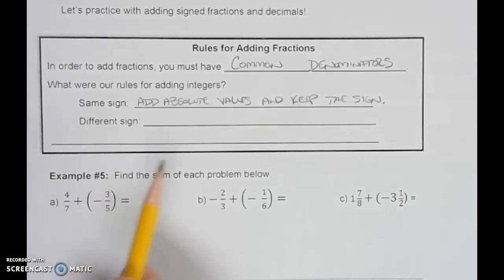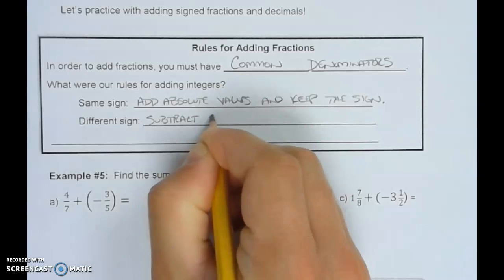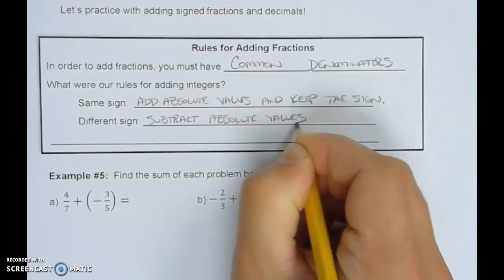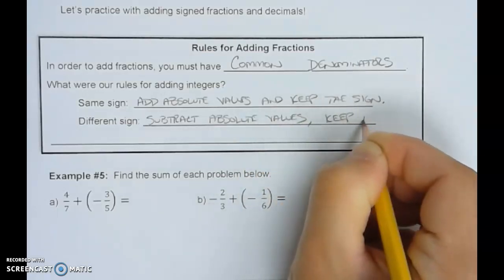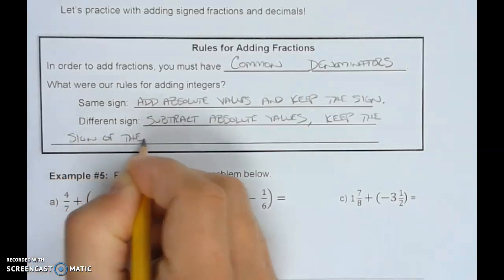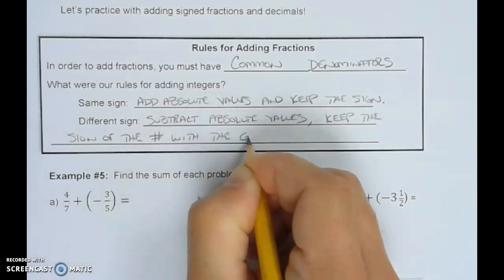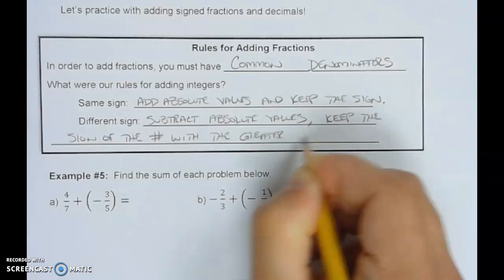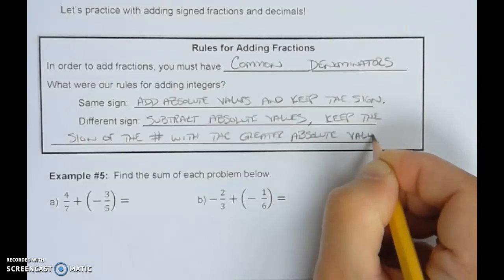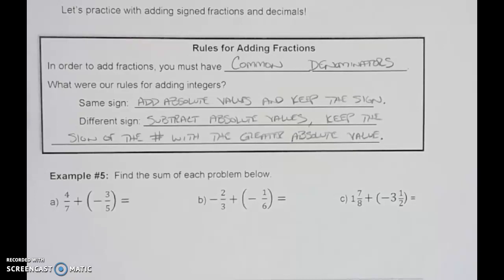But if the numbers have different signs, we're going to subtract the absolute values, and this time we're going to keep the sign of the number with the greater absolute value. Whichever number has the greater absolute value, that's going to be the sign of your answer. So let's practice that underneath.